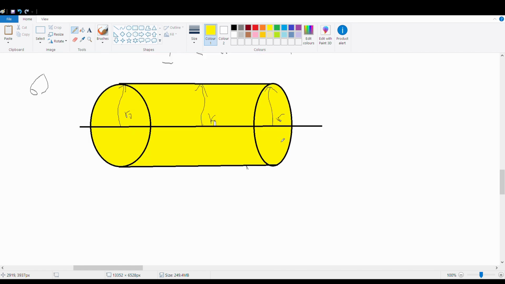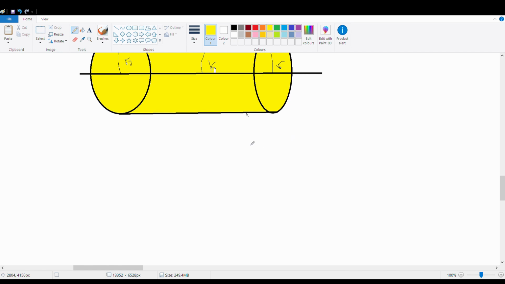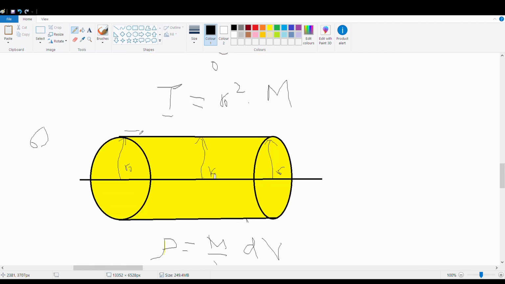It's a solid cylinder. Here we are going to define density with rho, the volume density, and write it as m by V, or dm by dV. We'll allow this cylinder to have a length or height.